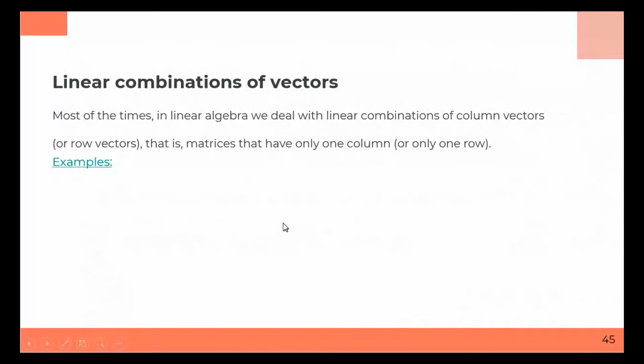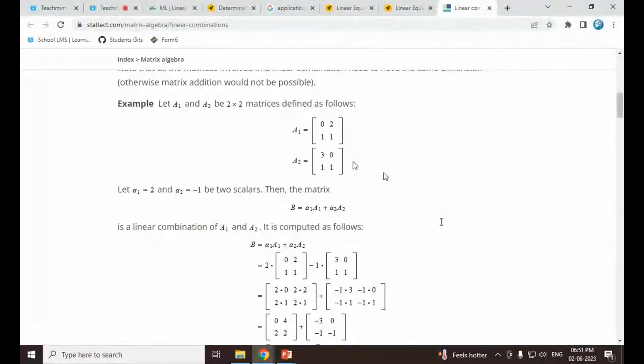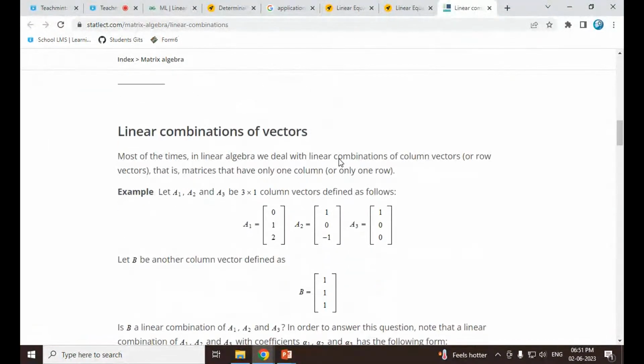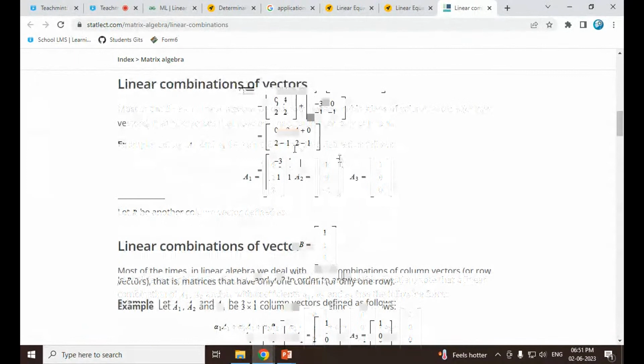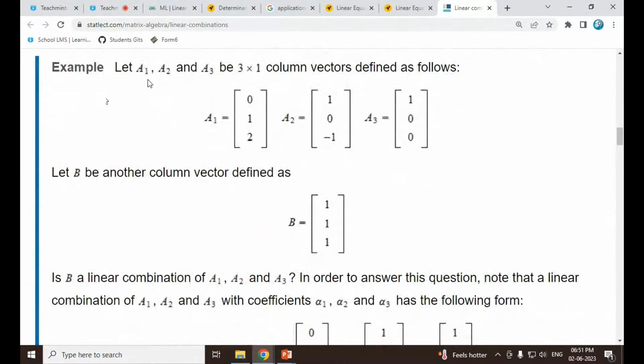Let's get back to the reference. Linear combination of vectors. We have A1, A2, and A3 as 3 cross 1 vectors. Is this 3 cross 1? 3 rows, 1 column.